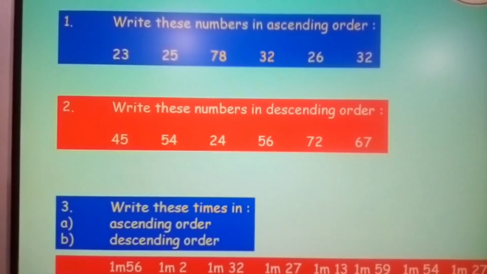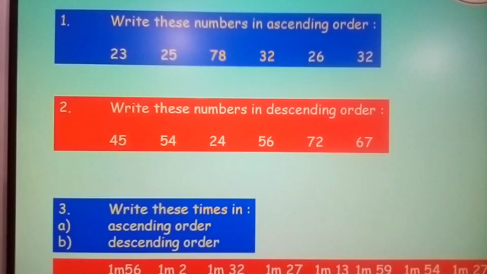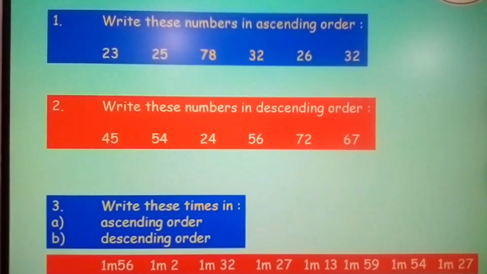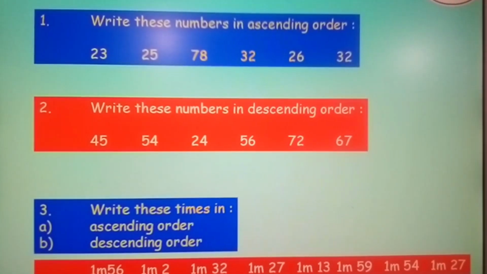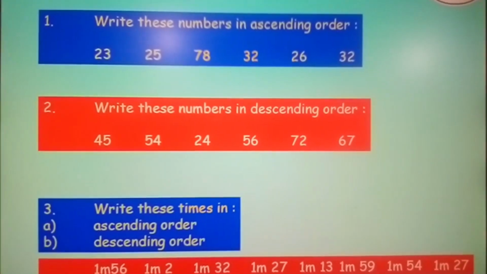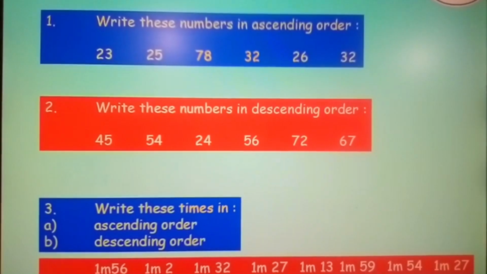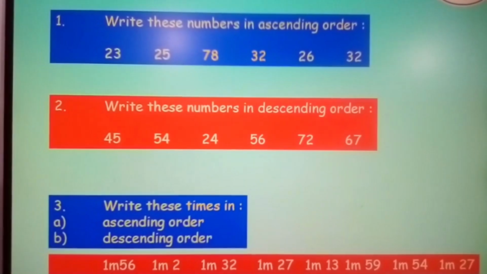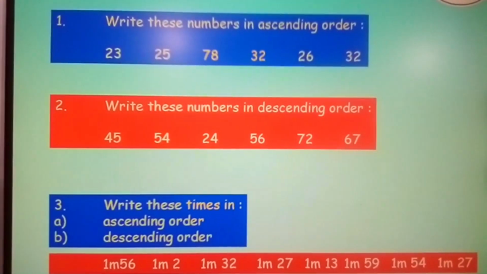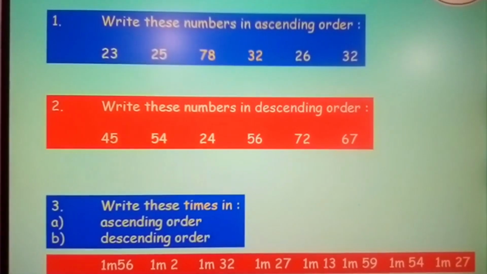Write these numbers in ascending order. And again, I'm waiting for you to tell me what this should be. So write this down for yourselves. Extract the numbers and put them into the correct sequence of ascending, which means going up in value.